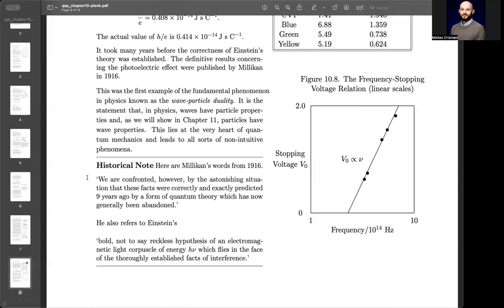But he said, we are confronted, however, by the astonishing situation that these facts were correctly and exactly predicted 11 years ago by a form of quantum theory which has now generally been abandoned. So what was he referring to?